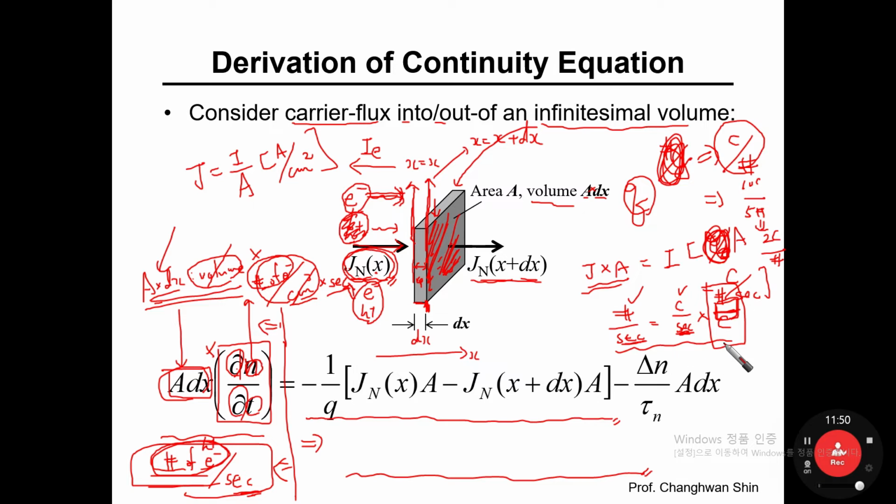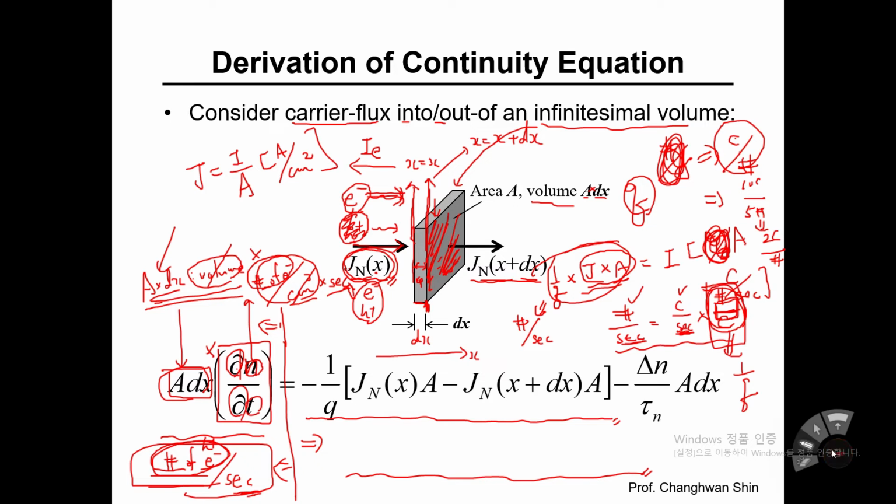So coulomb per number is q, but here what I need is number over coulomb. So 1 over q is necessary. J times A times 1 over q indicates the number of carriers divided by second. We're almost done.